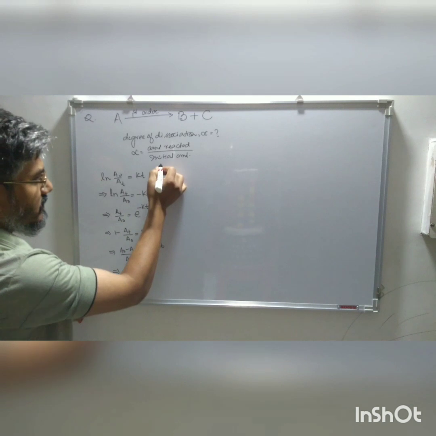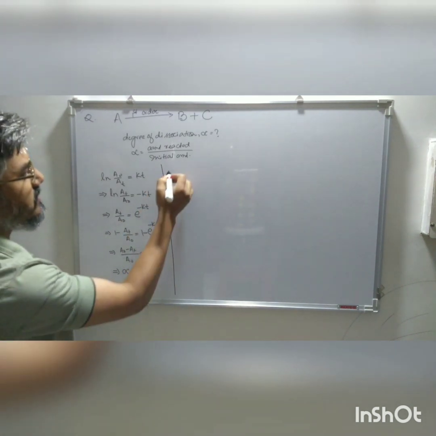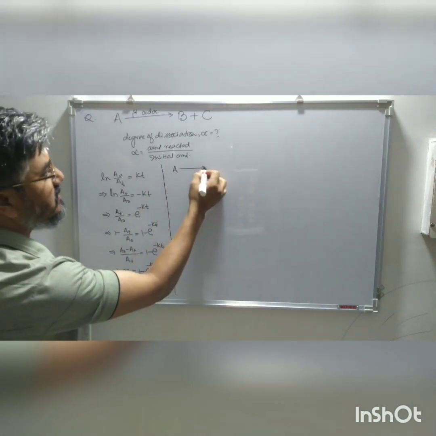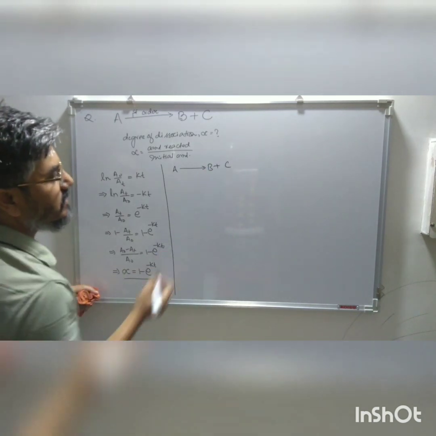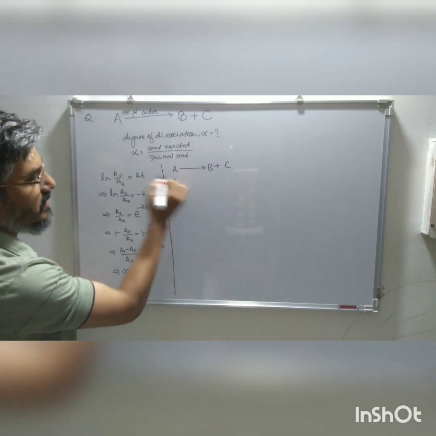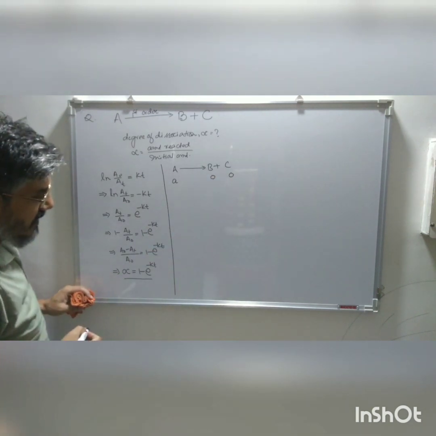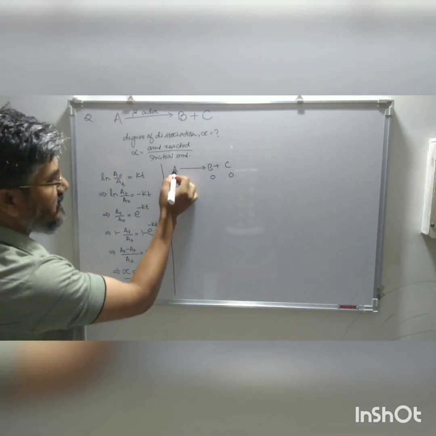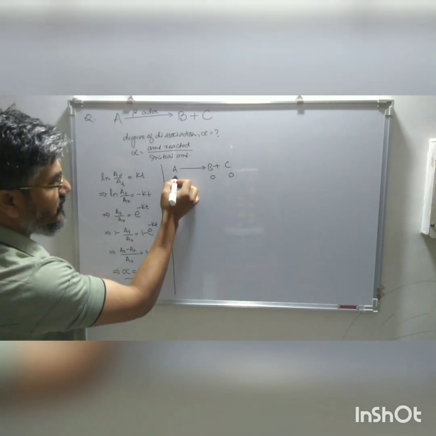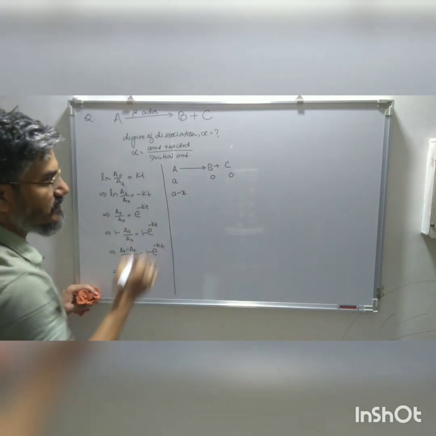Alternatively, we can also define it in this way. Suppose we have this reaction, A changing into products B plus C. Let the initial amount be A, and the initial amounts of B and C be 0. After certain time t, from this initial amount some X has reacted.